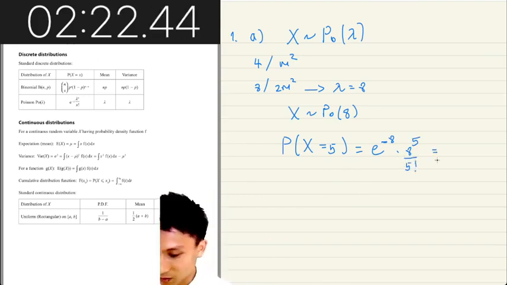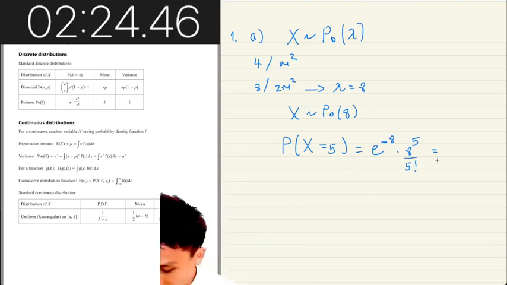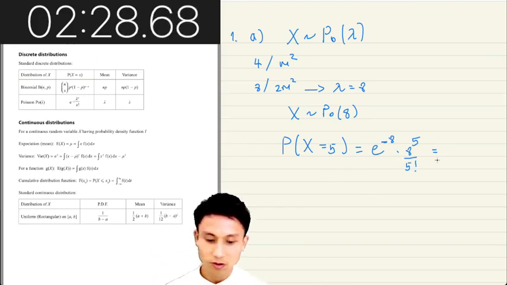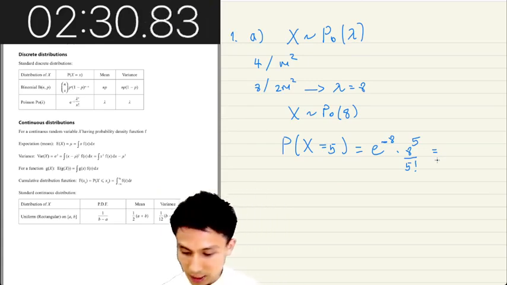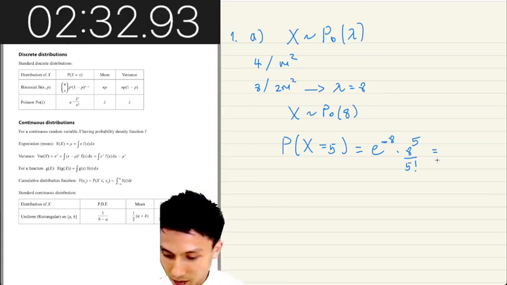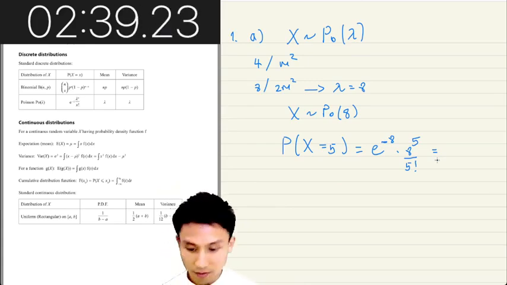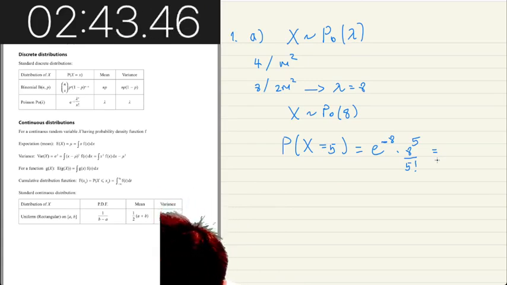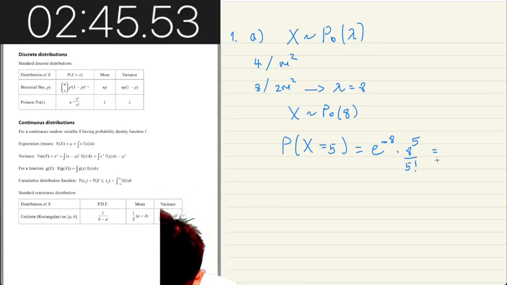Calculator. Okay, so fraction, e to the power of minus 8, then bring it down, multiply 8 to the 5, and then divided by 5 factorial.